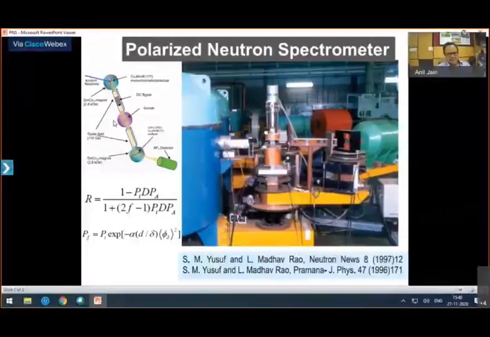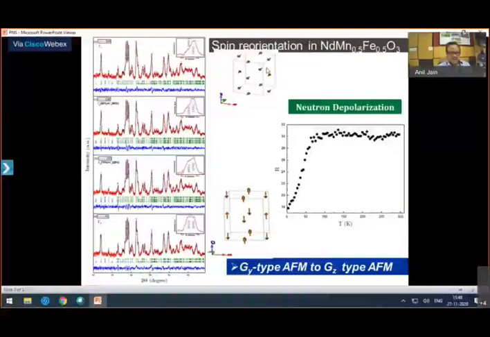So let me give you a small example. In the example which we were discussing, NdFeMnO3, there is a spin reorientation where the magnetic structure changes from a Gy type antiferromagnet to a Gz type antiferromagnet when you go from 90K to 4K. And in this process, you develop a ferromagnetic component, and you can see it by doing this neutron depolarization measurement.